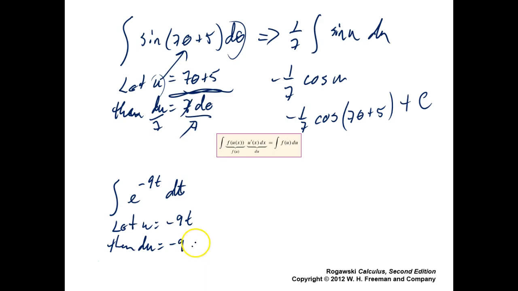except it's not an x. Dt. Okay. Now, we don't have a minus 9 dt, we just have a dt. So what do we do? Divide by negative 9, both sides. Okay.